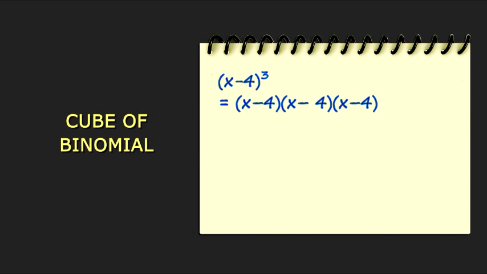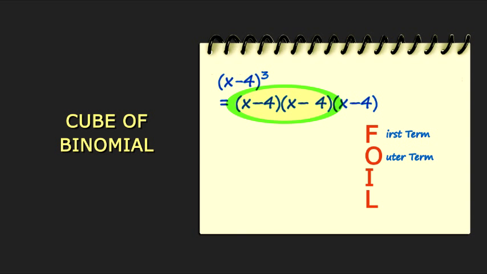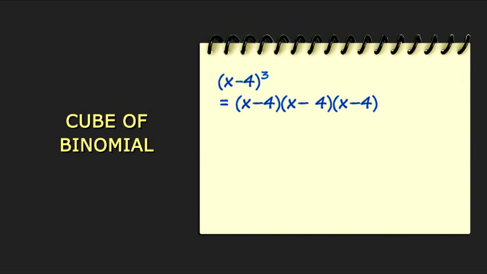It's taking something and multiplying it by itself 3 times. Now, if you remember when you take x minus 4 times x minus 4, you have that FOIL method, which is first term, outer term, inner term, and last term. That's what you have to do.